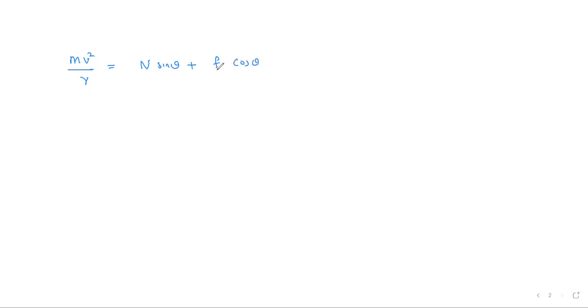We know that f, the frictional force, static friction, equals mu s into n, correct? So we can change this f also: n sin theta plus mu s into n cos theta.